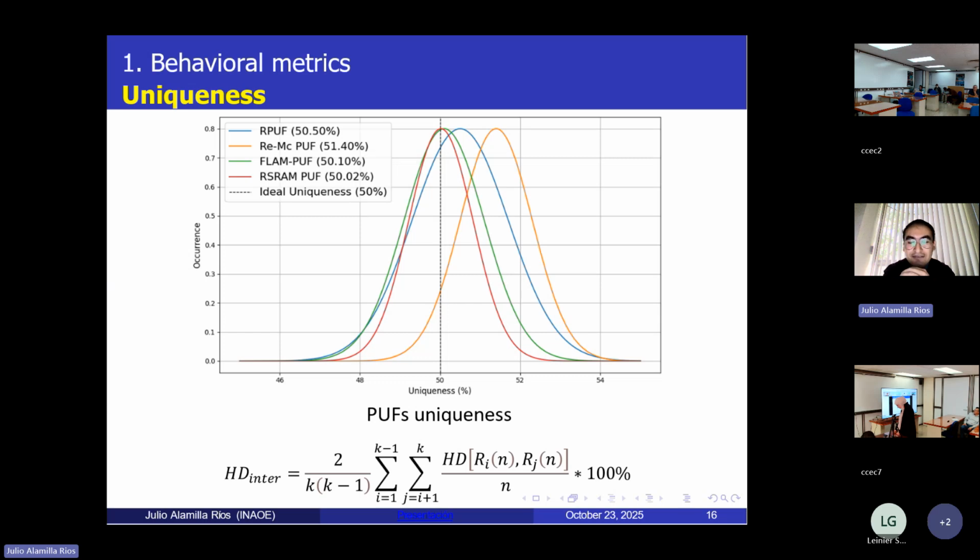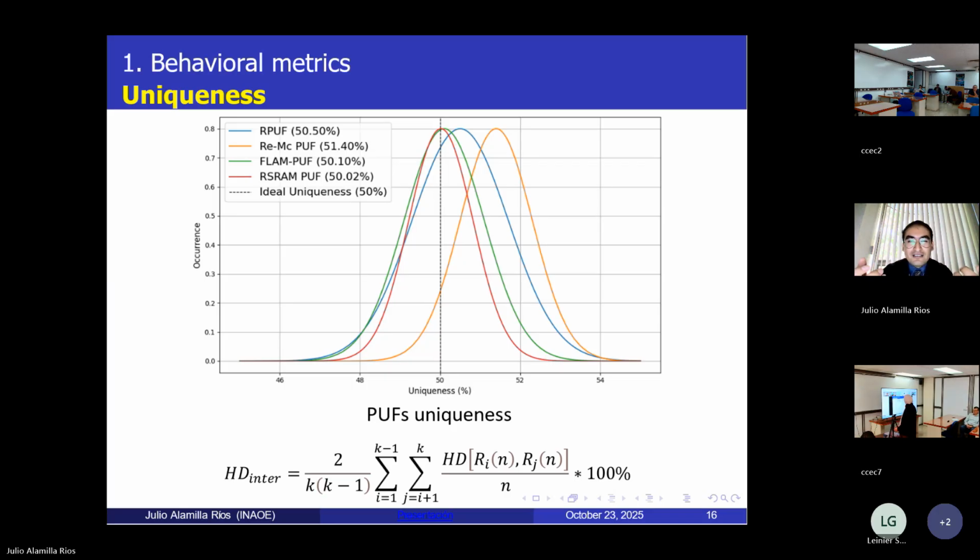In uniqueness, 50% is when you have two instances of the same architecture, a PUF1 and a PUF2.